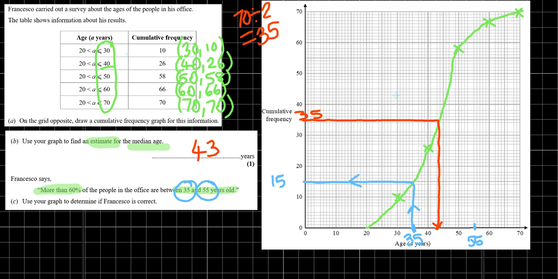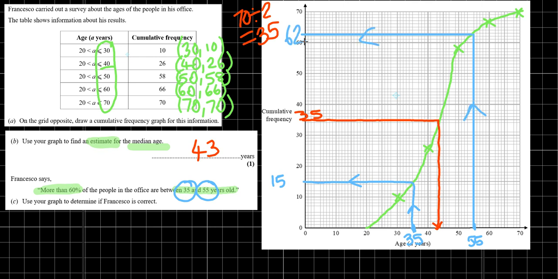I go all the way up at 55, and I'll see how many people are there. I'll say about 62. So about 62 people.